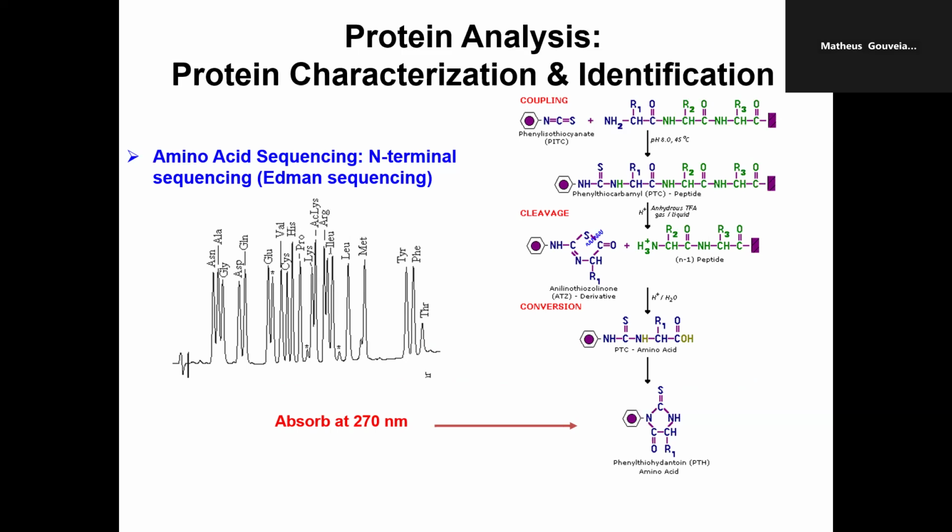So it goes one cycle, get an amino acid, goes into your chromatograph, gets detected, because you have standards, so you detect the identity and quantity. Then the cycle repeats, and then you get all of the amino acids by measuring on an HPLC.